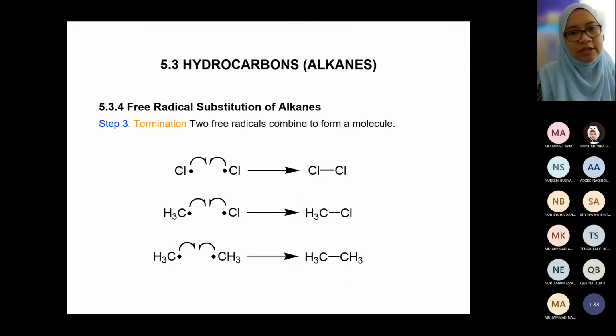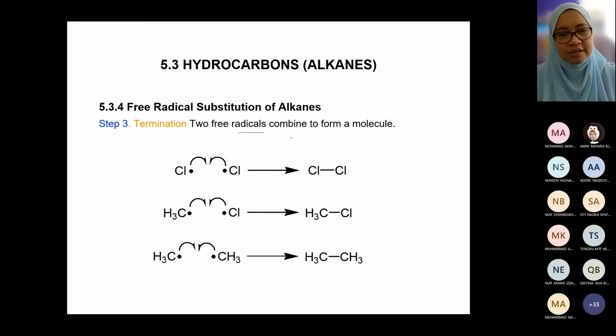Okay, so this termination step is when the 2 free radicals combine to form a molecule. So the target is to remove all the free radicals. So when we have free radicals in the reaction, it will keep attacking the molecules, okay, and producing more free radicals. And so we don't want that to happen.